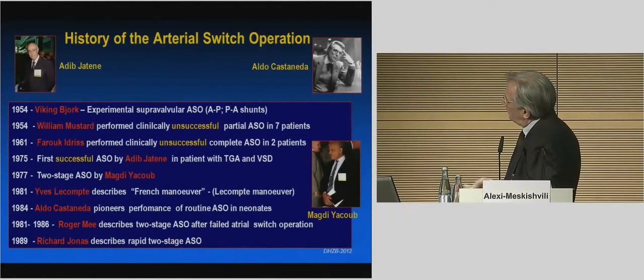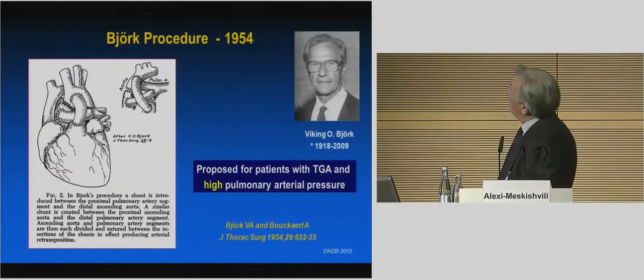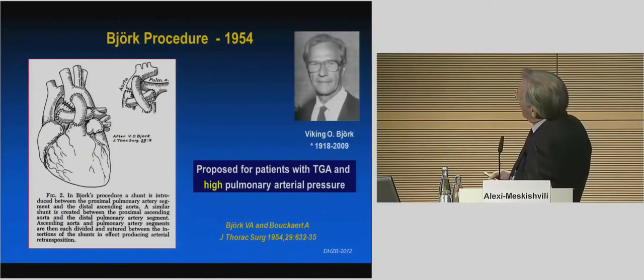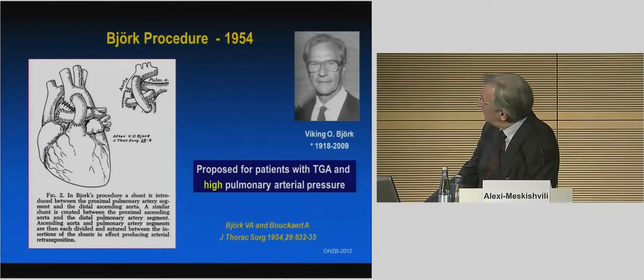Castaneda started to perform arterial switch routinely in neonates, Roger Mee described two-stage arterial switch, and Jonas described rapid arterial switch operation. It's interesting, I don't know if somebody knows, that Bjork proposed a so-called supravalvular arterial switch operation for transposition in patients with high pulmonary hypertension. He proposed this as a palliative operation. Never performed, but it's an interesting idea. Maybe it can be performed nowadays, I don't know, let's see.